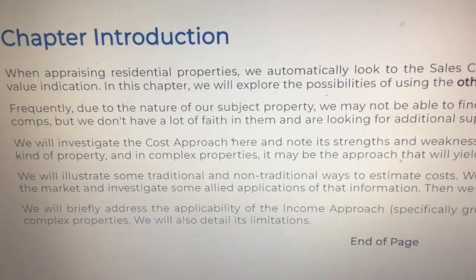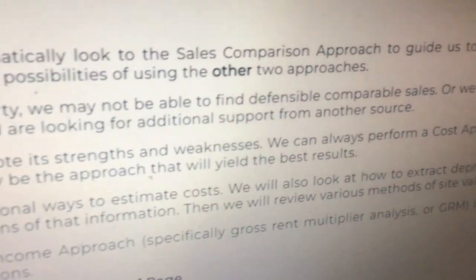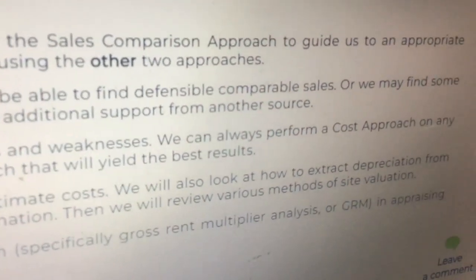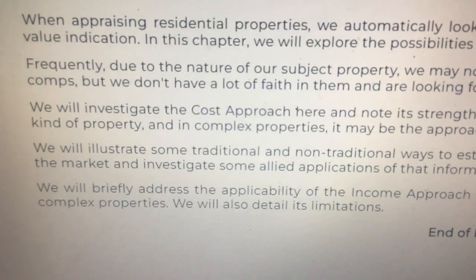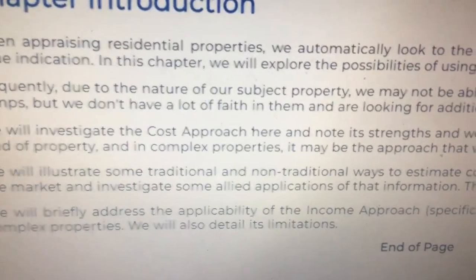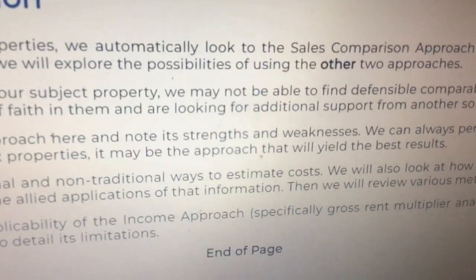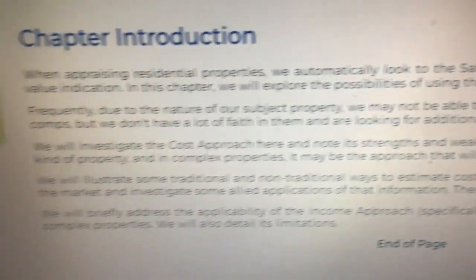Frequently, due to the nature of our subject property, we may not be able to find defensible comparable sales, or we may find some comps, but we don't have a lot of faith in them, and we are looking for additional support from another source.